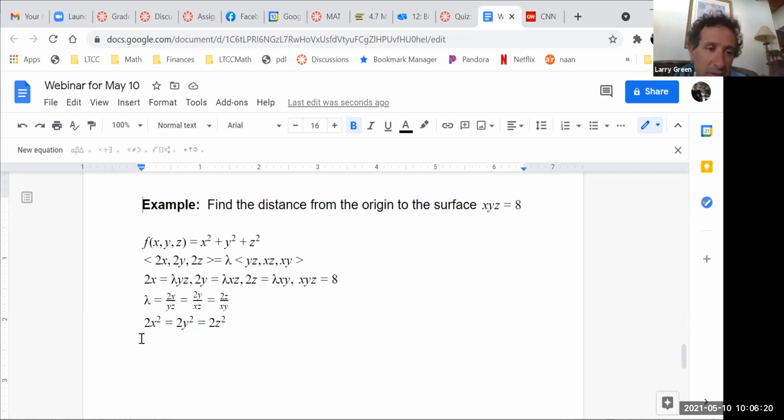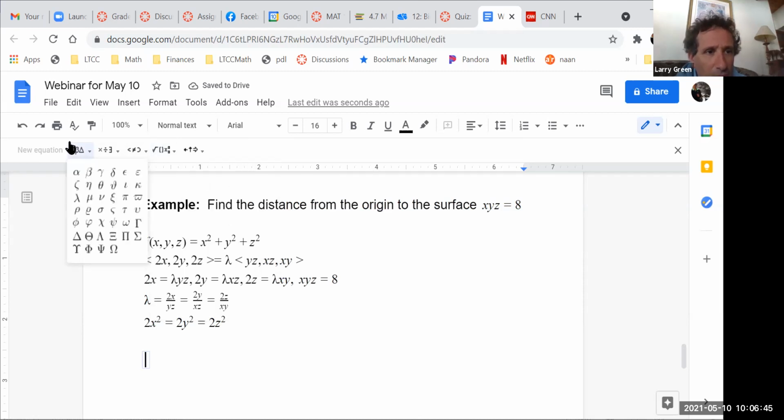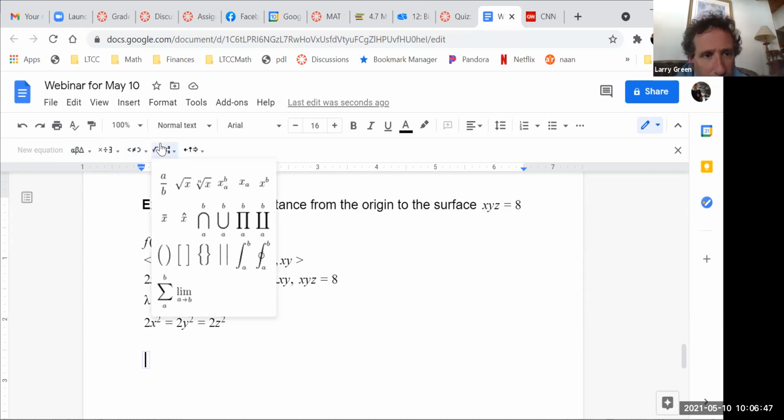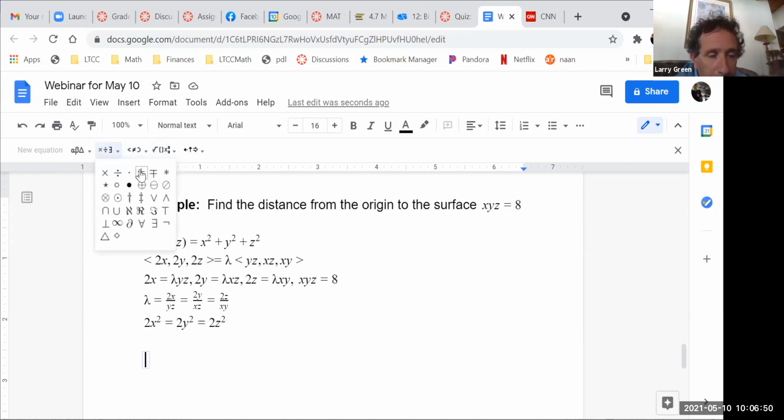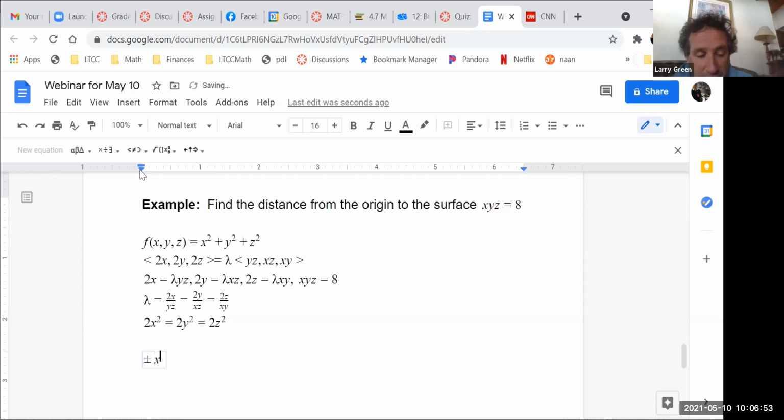You can divide all of it by 2. You get x squared, y squared, and z squared are all the same. So that means x and y and z are all the same except possibly plus or minus. So if x, y, and z are all the same except possibly plus or minus, I could put that into the xyz equals 8. And now I can say plus or minus x cubed equals 8. So what do I know about x?